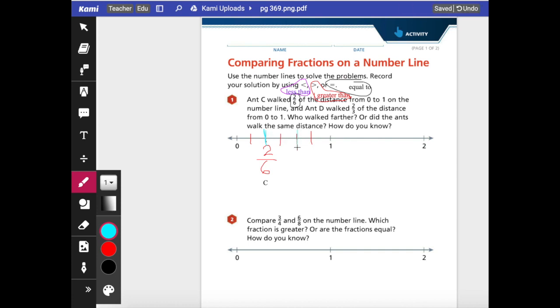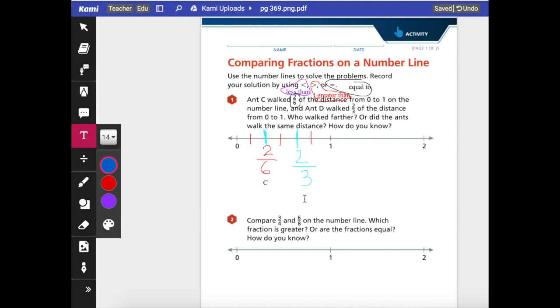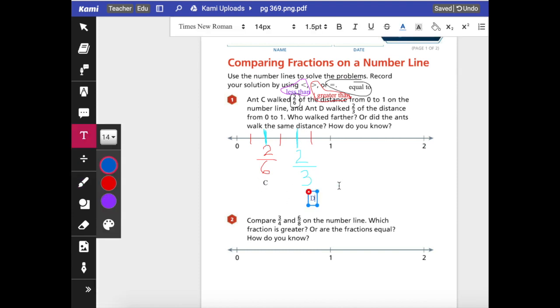And 4/6 is equal to 2/3. I could have also just figured that out by splitting it up, but I'm able to see that 2/6 is equal to 1/3, and 2/3 would then be equal to 4/6. And that is Aunt D.